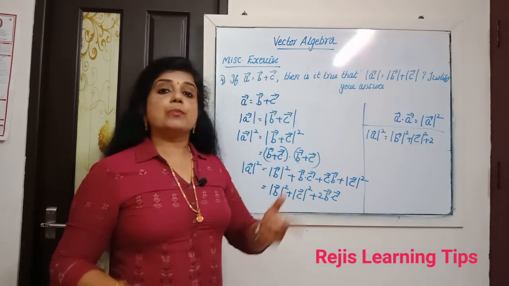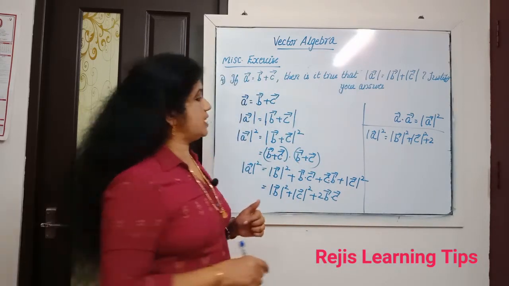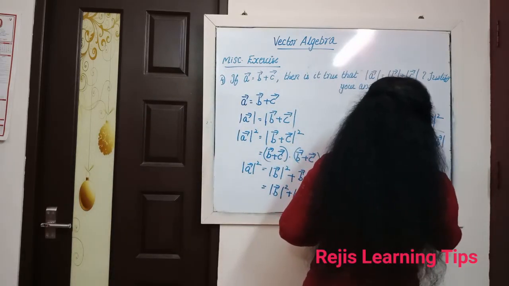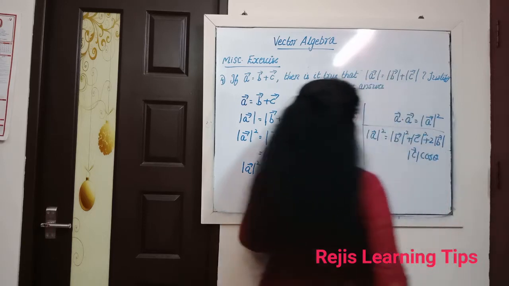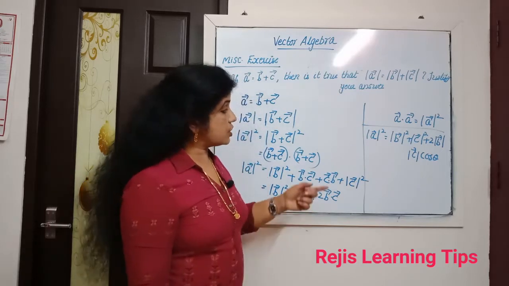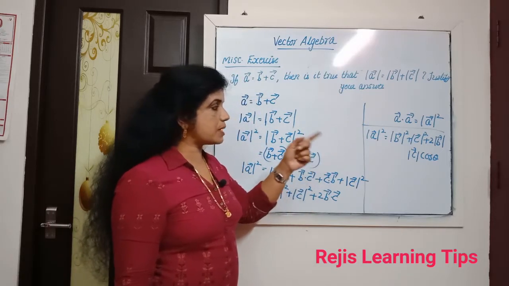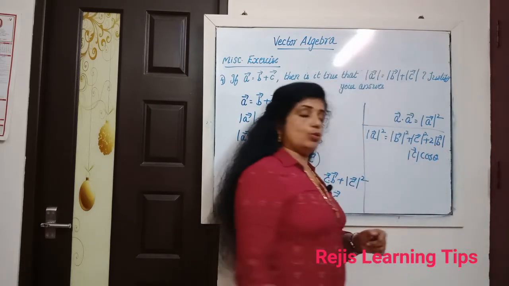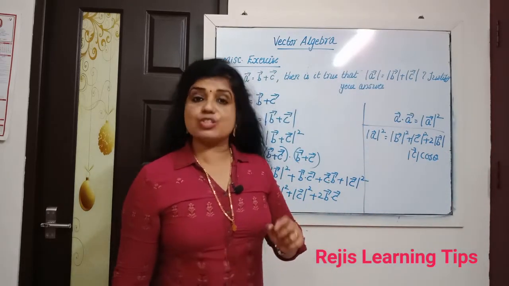Modulus of B into modulus of C into cos theta. So magnitude of vector A square is equal to magnitude of vector B square plus magnitude of vector C square plus 2 into magnitude of vector B into magnitude of vector C into cos theta.